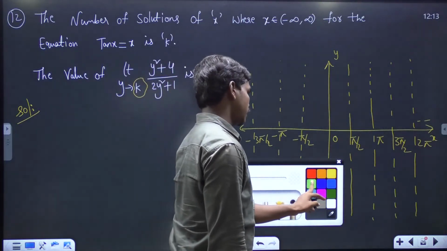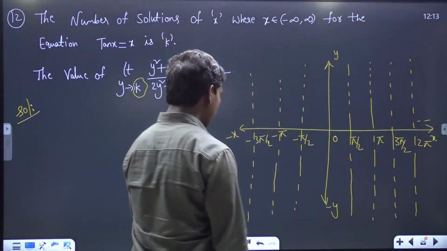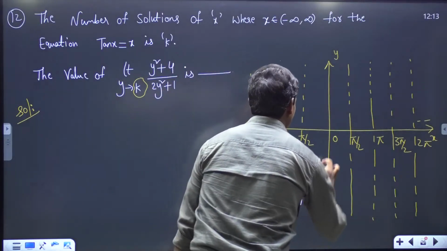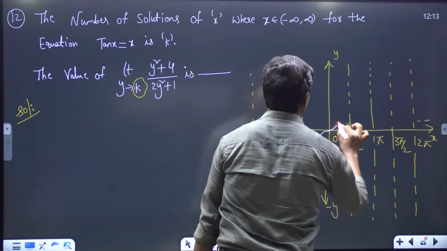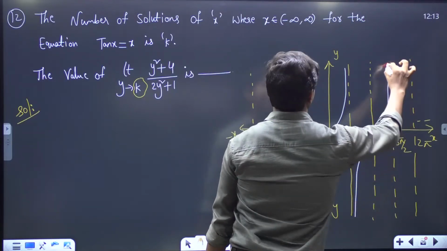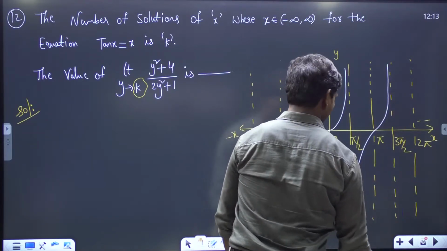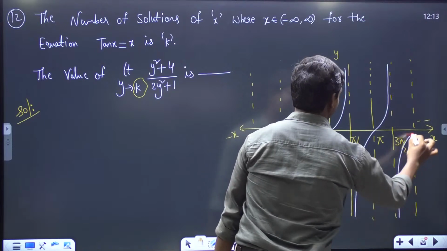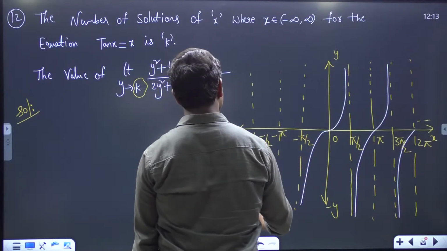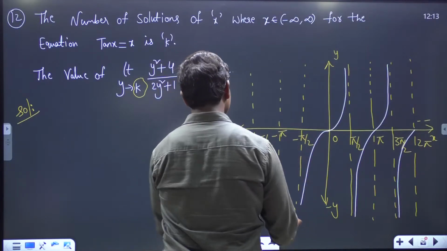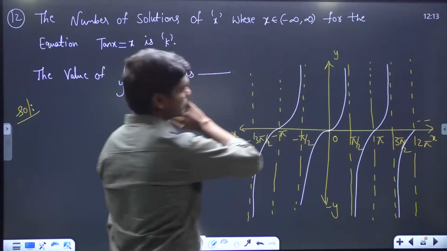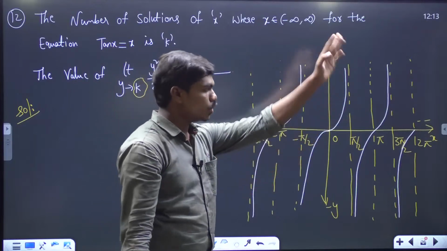See carefully. Now, if you draw y is equal to tan x, I'll show you how the graph looks. I told you already. Something like this. Correct? Similarly, if you continue here, we go from this particular point this way. So it extends into infinitely many loops.